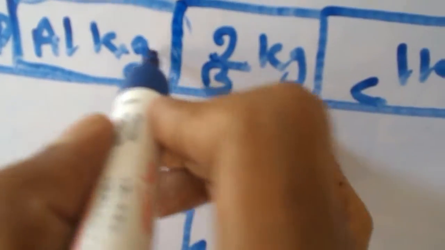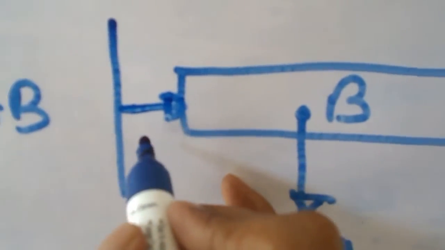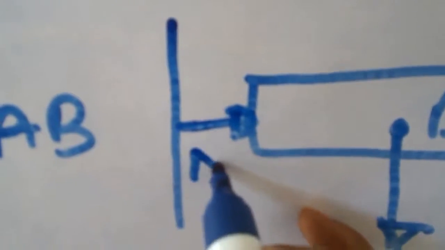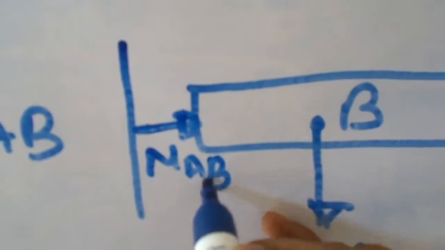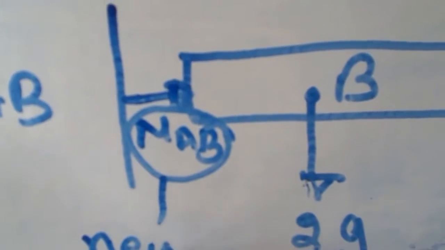And here, listen, there is contact between A and B, so there will be a contact force. This is the normal reaction, and this should be NAB by Newton's third law. Analyze it by yourself, Newton's third law.